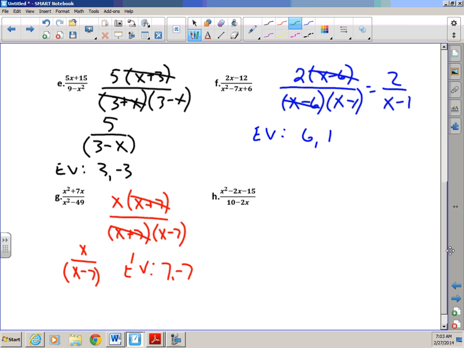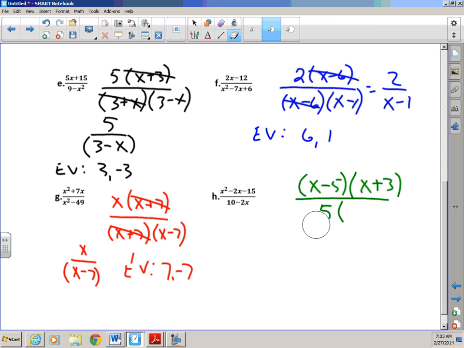And then my last one, this factors as x minus 5, x plus 3. And this factors as 2, x minus 5. Now, sorry about that, I was off on this one here. 5 minus x. And here is our example.